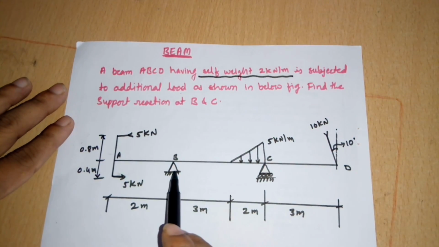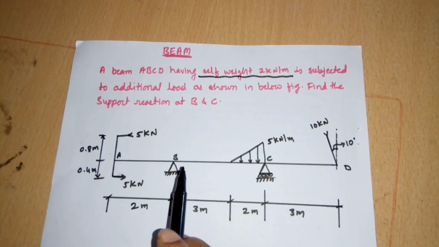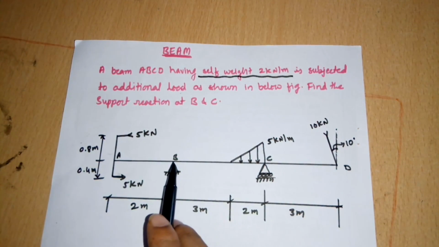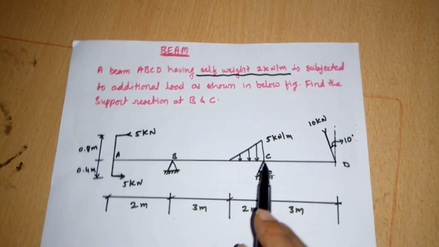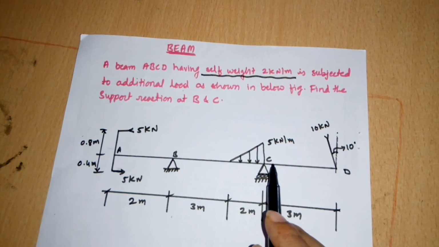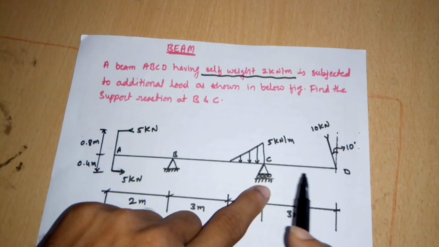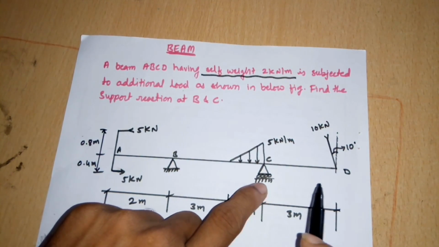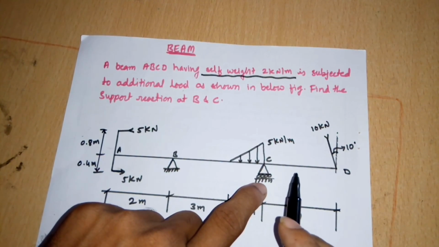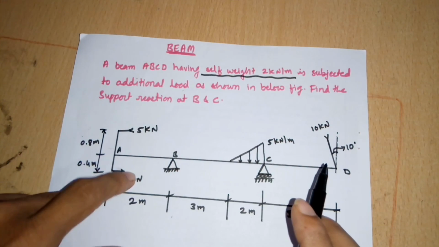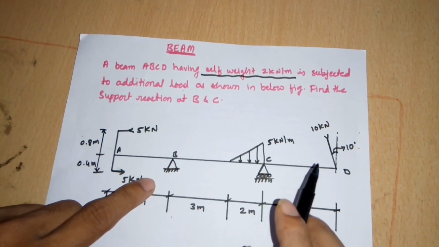Then coming to the support B, here at the point B is supported by a hinge support or pin support. Then next coming to this point C is supported by a roller support. Here rollers are there. So if one of the supports is roller, then the other must be the hinge or else the pin support.